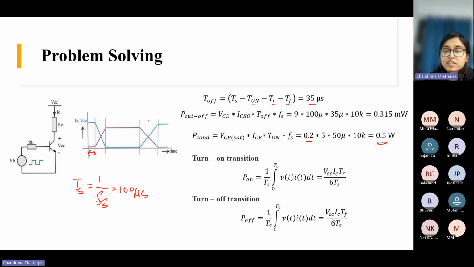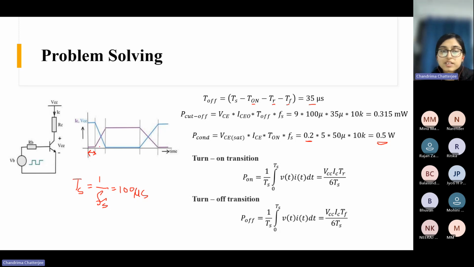And we have another two losses, the losses during the transitions from off to on and from on to off. These two transitions we need to calculate. Earlier I told you how we calculate these losses when the voltage is falling from VCC to VCE sat and the current is rising from ICEO to the IC value.